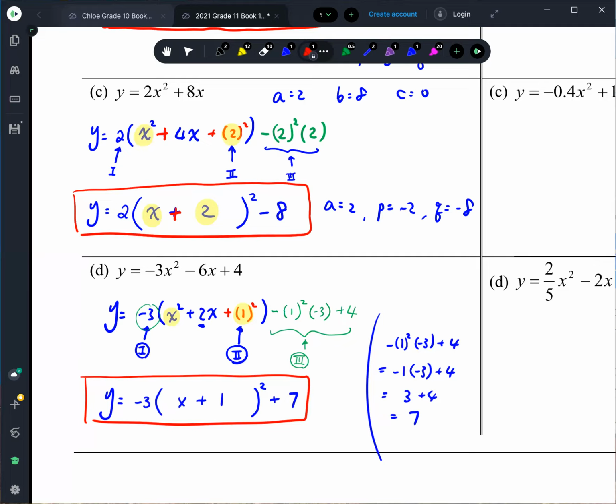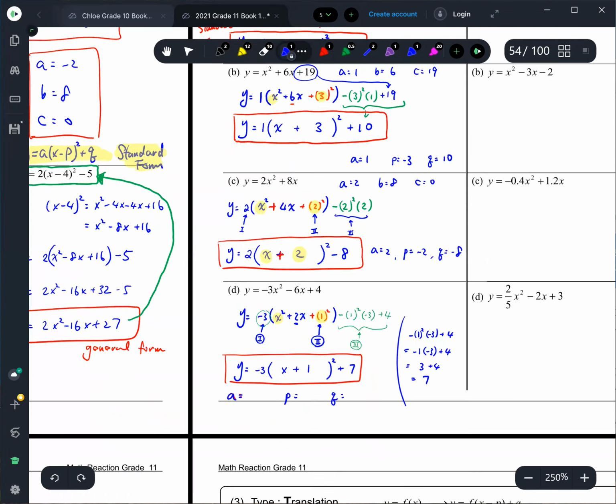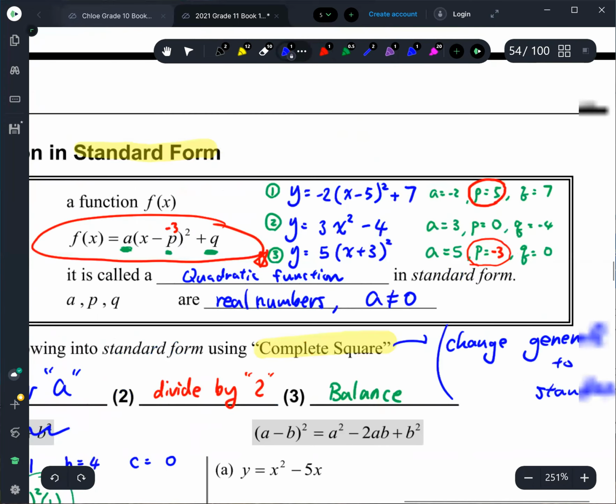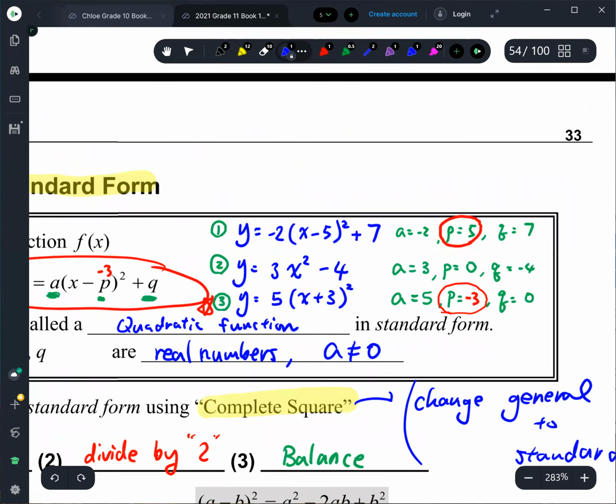All right, so now the last thing is to write out APQ. So remember at the beginning, look at the 3 examples we have up here. For the first one, if you have x minus 5, p is 5.